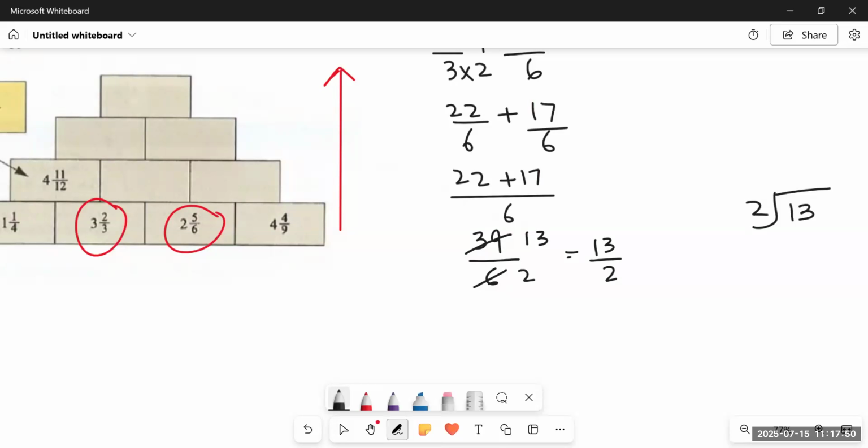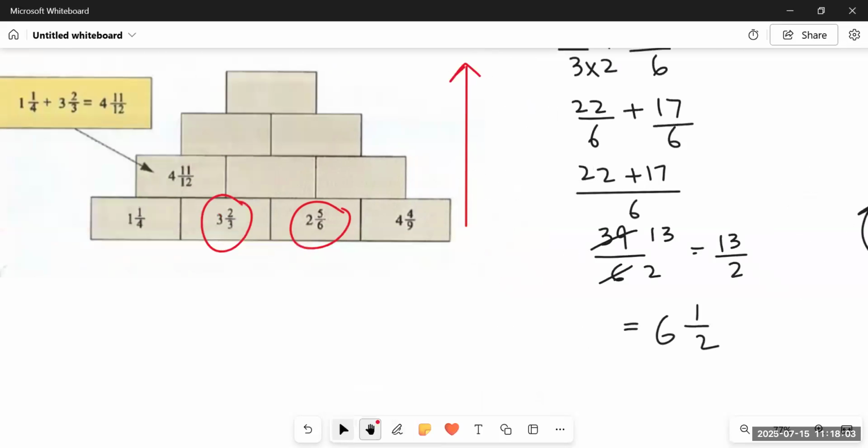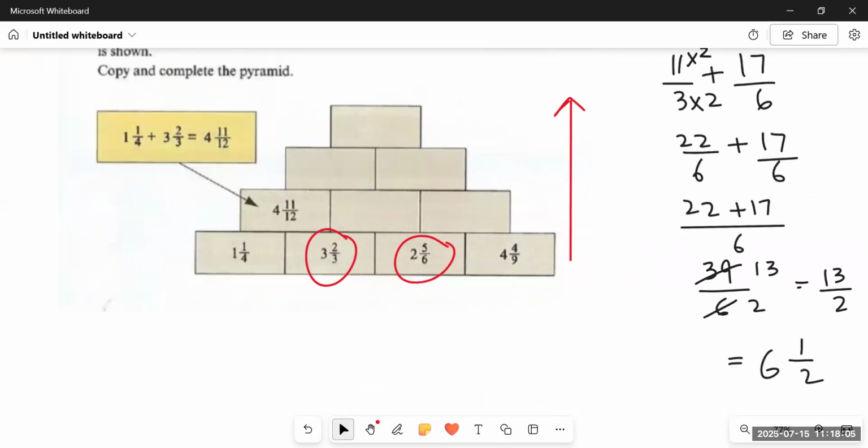So 2 sixes are 12 and here comes 1. So the answer would be 6 whole 1 upon 2. That's all. So we will write 6 whole 1 upon 2 over here.